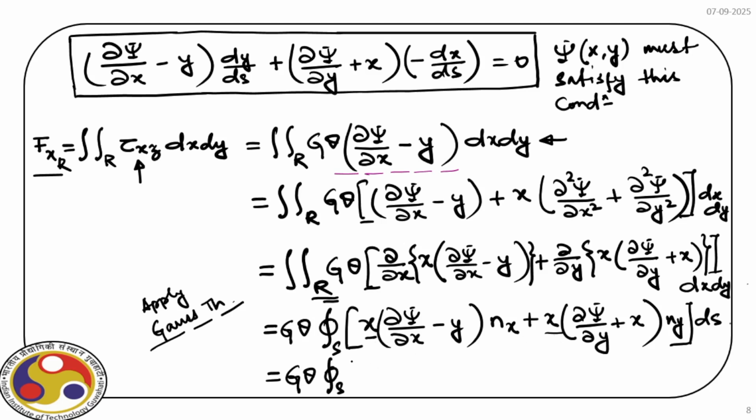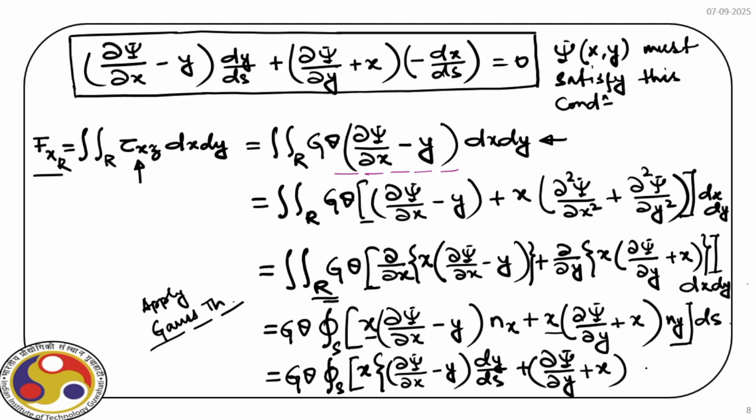So what we can write is x, within third bracket we have, in place of nx we can write dy/ds, plus we have the second term, and in place of ny we can write minus dx/ds. We have a third bracket here actually.